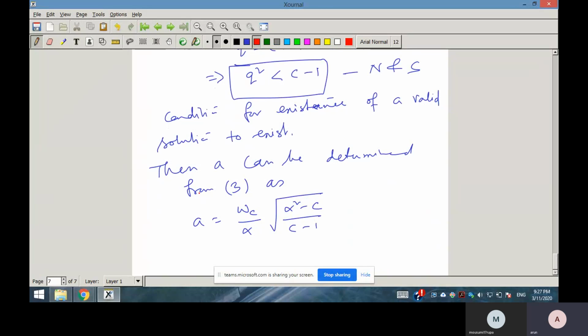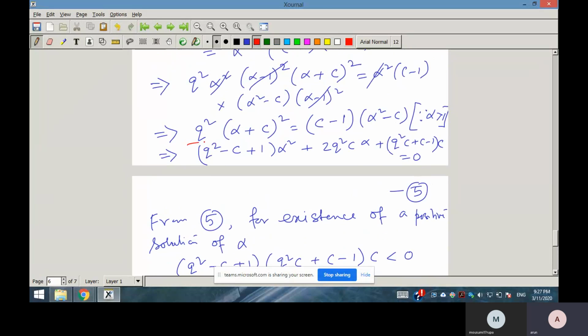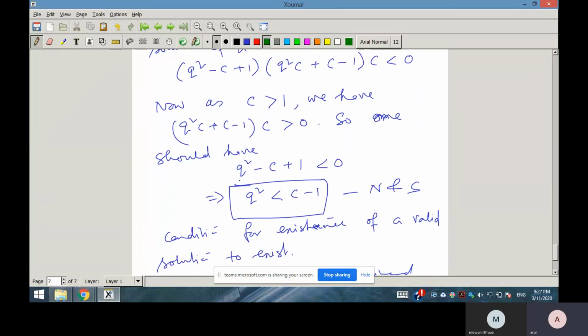This expression is also very important. This is for computation of A, this expression is for computation of alpha, and this is your necessary and sufficient condition for existence of solution.